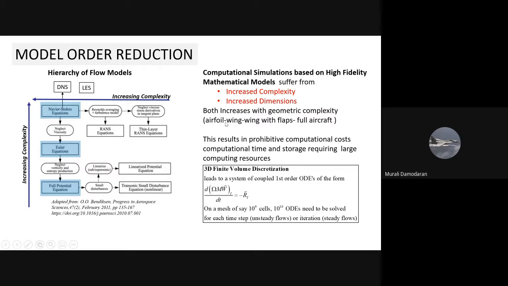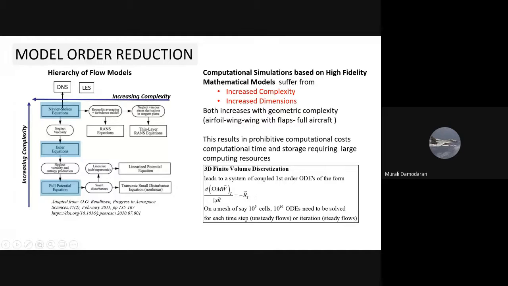Okay, so this is really top of the game, and you need heavy computer resources, because if you do Navier-Stokes, say LES or whatever, for this kind of thing, it's going to require a lot of computational time and storage. If you look back at the slides where I did the 3D finite volume discretization of the Navier-Stokes equation, you essentially get coupled first order ODEs, where W is the unknown which you want to solve.